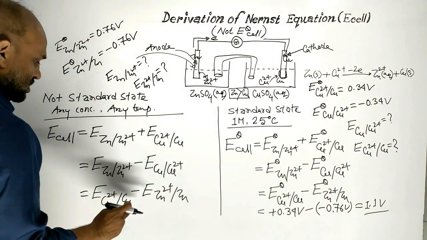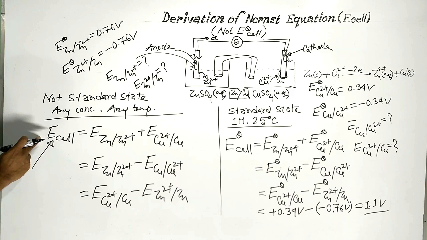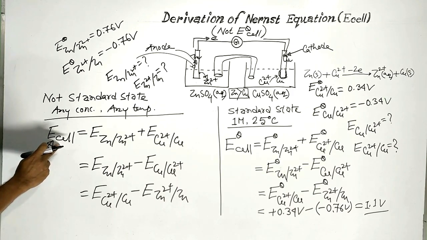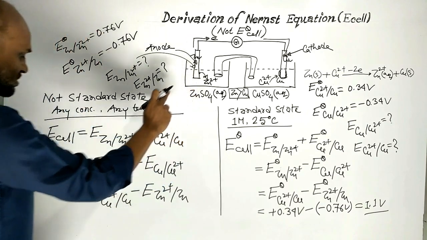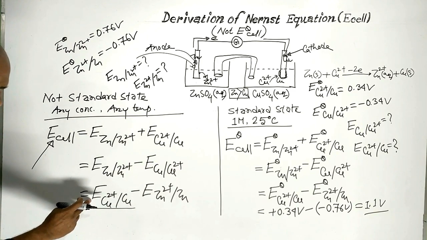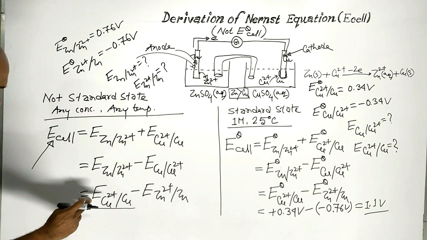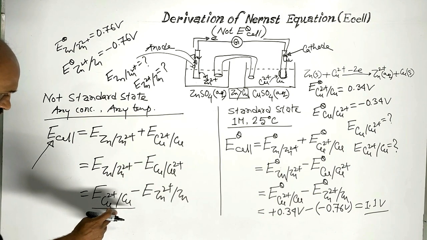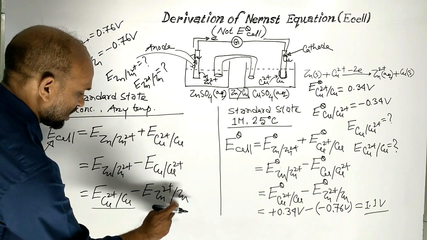Now, here, this is non-standard state cell potential. If we want to calculate non-standard state cell potential, then we have to know the values of non-standard state reduction potential of electrode, that is, non-standard state reduction potential of cathode and non-standard state reduction potential of anode.